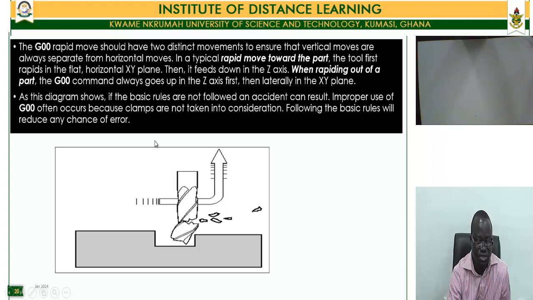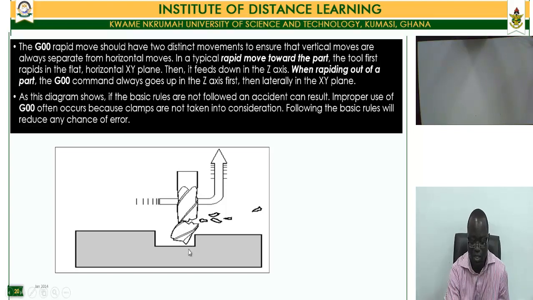So as we saw, if you don't follow those basic rules, for instance, if we have this tool here and we are moving it out of the workpiece, we have to ensure that the Z moves out first before the linear moves in a horizontal direction are executed. If you move it in the horizontal direction first, you stand a chance of damaging the workpiece. So that is something we should take note of.